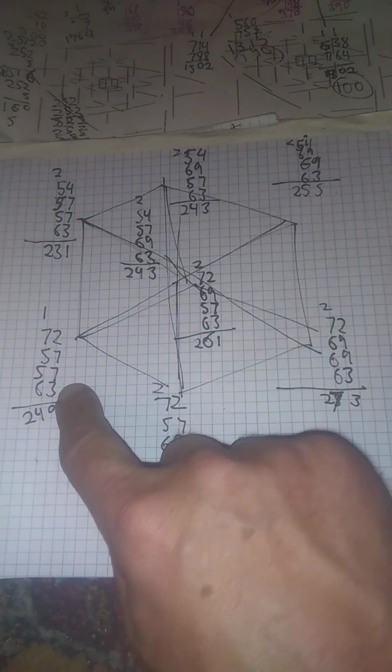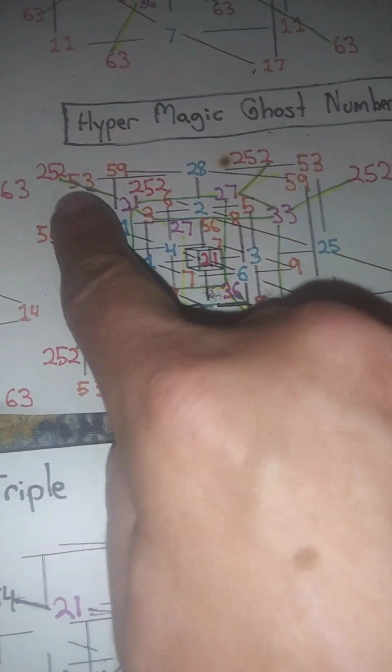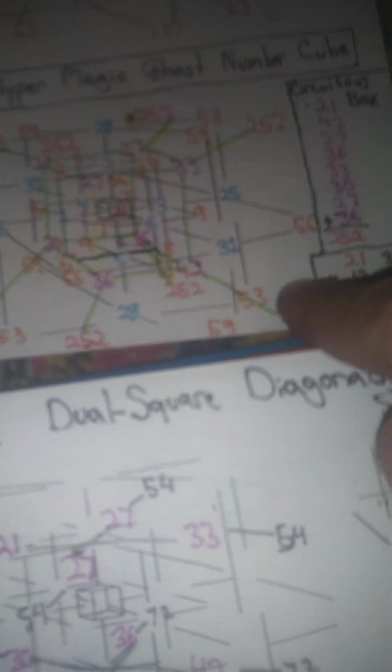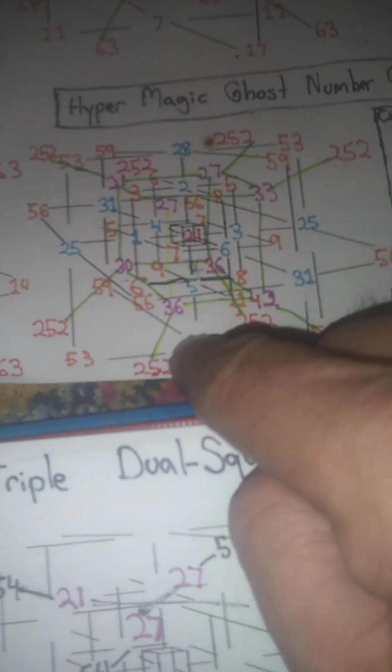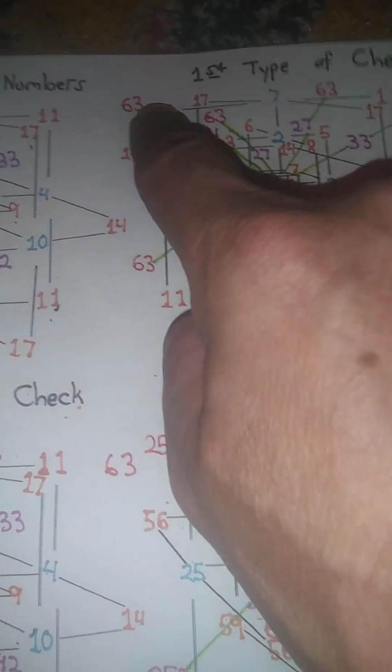You can check these diagonals out, back to front, and all these diagonals, and they all add up to 504, which is 252 and 252 at these. So these are the hyper outer ghost numbers of the previous 63.